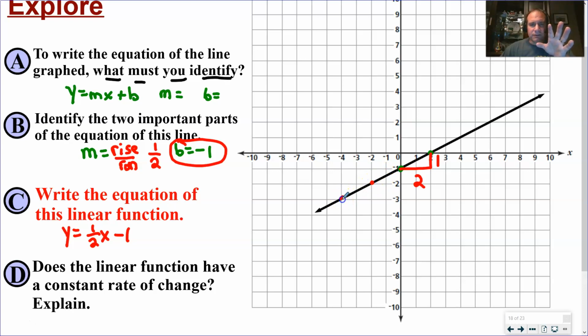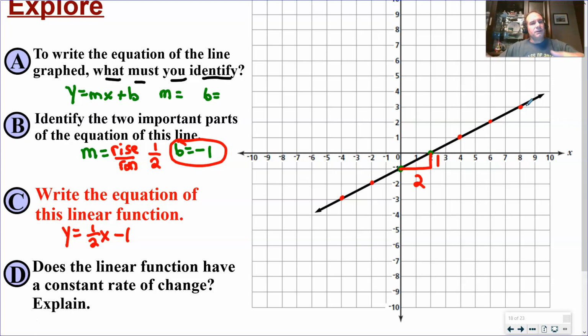This point's good. This point would be good. This point would be good. And it doesn't matter which points you use. You can use points that are really far apart, but don't if you can avoid it, because that means you have to count really far and you might make a mistake.